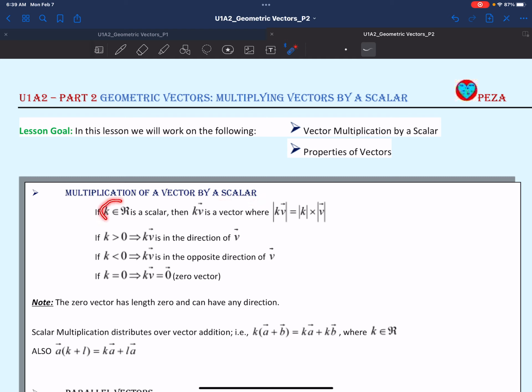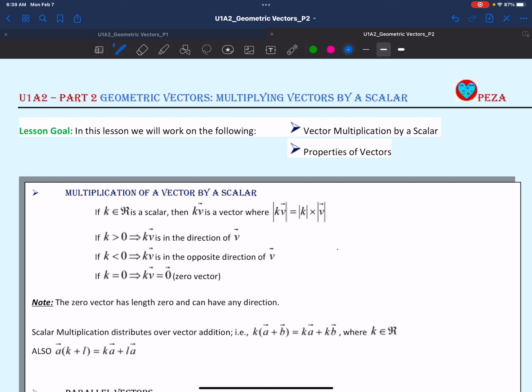So if k is a real number or a scalar, then k times vector v is a vector where the magnitude of vector kv equals the magnitude of k times the magnitude of vector v. Now, if k is a positive number, kv will be in the direction of v. What does that mean?